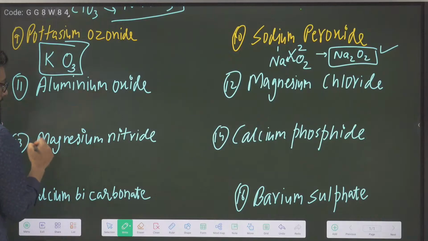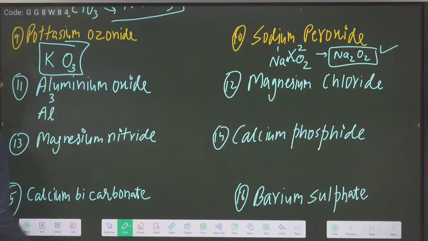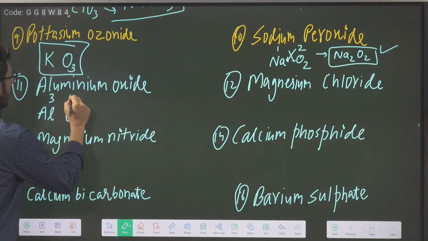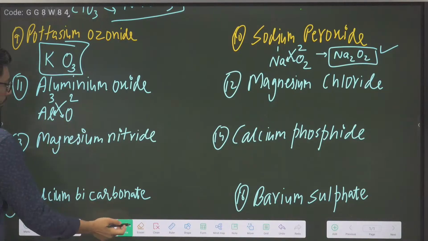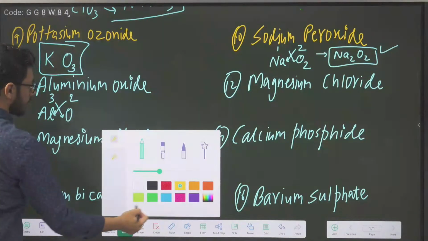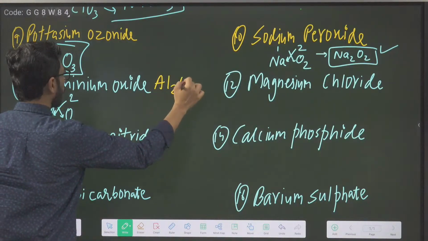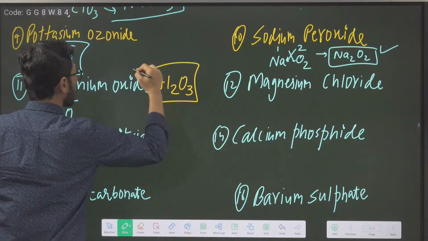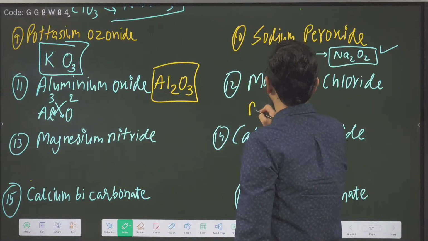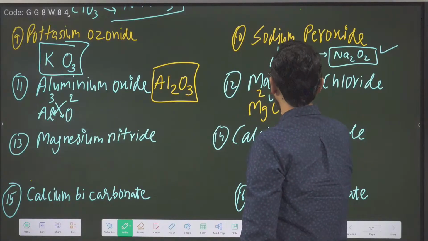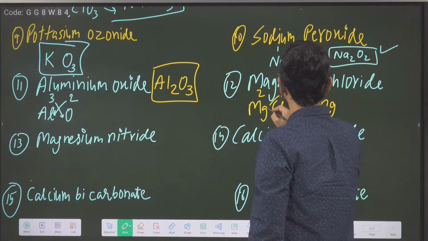Next one is aluminium oxide. Al is always 3 plus, net charge 3, oxide 2 minus, crisscross method. Al2O3. Check your answers. Magnesium chloride. Magnesium 2 plus, Cl minus 1, crisscross method becomes MgCl2.